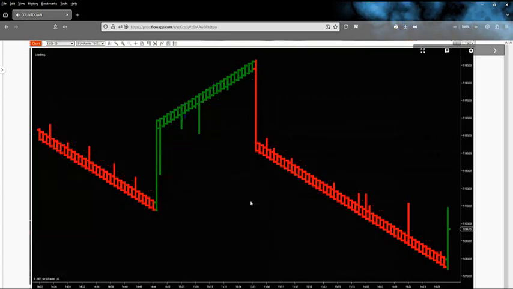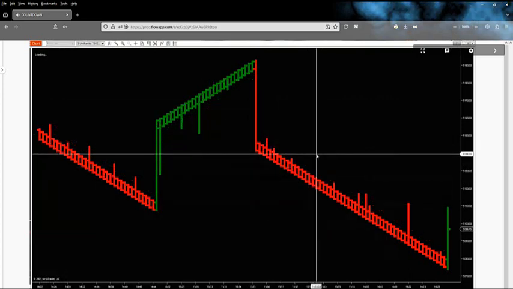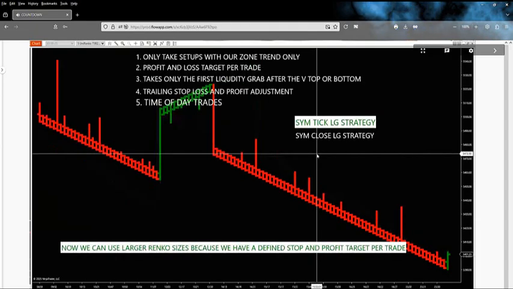Let me run this again, is that it's a tick basis now, meaning it's a profit per trade and loss per trade. You won't recognize how valuable that is on a 1/120, right? Because it moves so fast, you don't realize how valuable it is. But you really understand how valuable it is when you use larger Renko sizes on this algorithm, because now it doesn't wait on a closing basis.